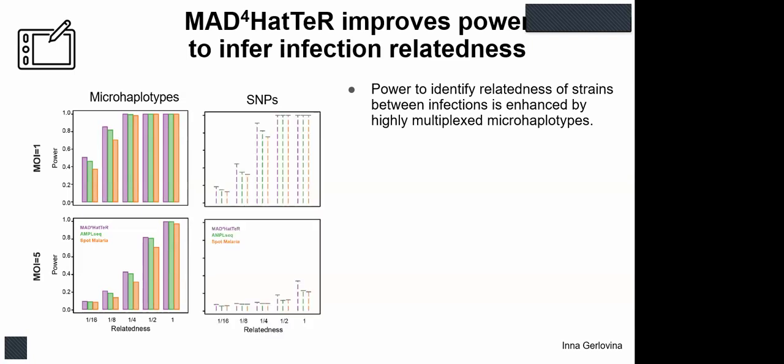And if you look at the SNP data, you also realize that still it's the same thing. The first one is microhaplotype, the second one is SNP.